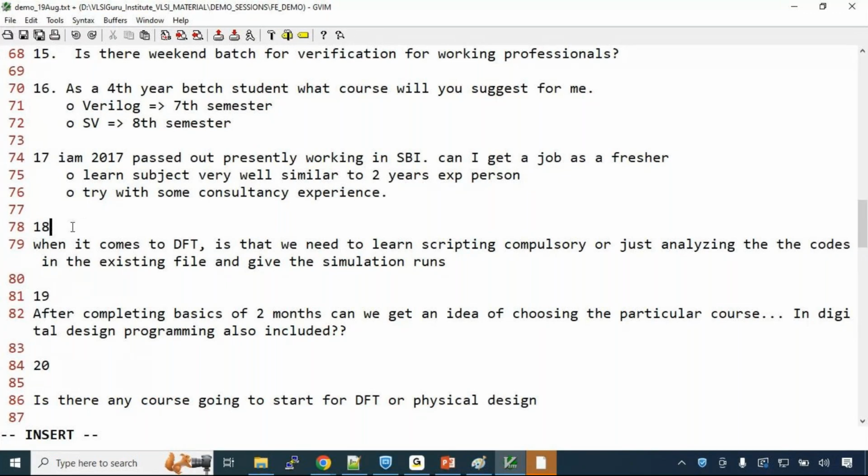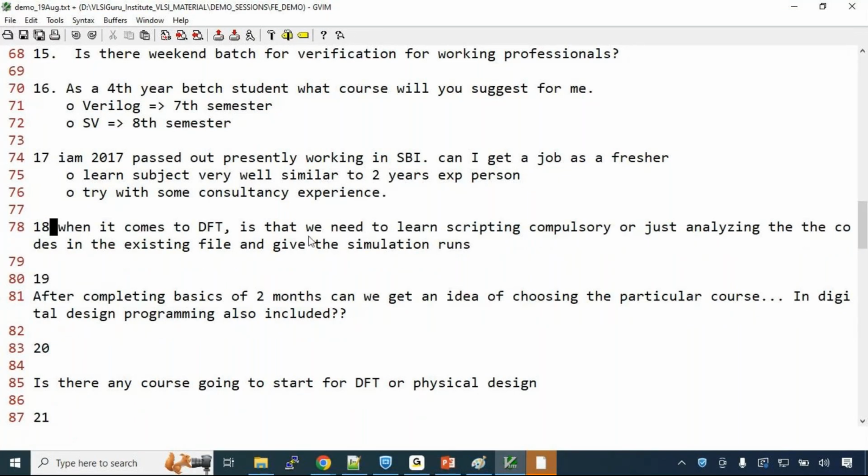Next question. When it comes to DFT, do we need to learn scripting compulsorily? Just analyzing the codes in the existing file, give the simulation runs.